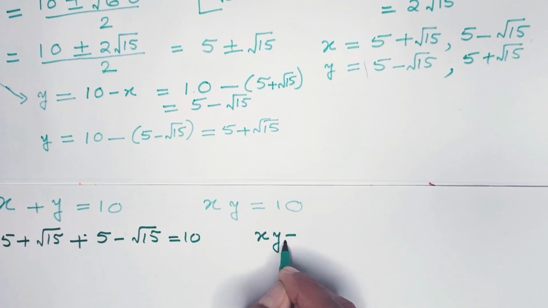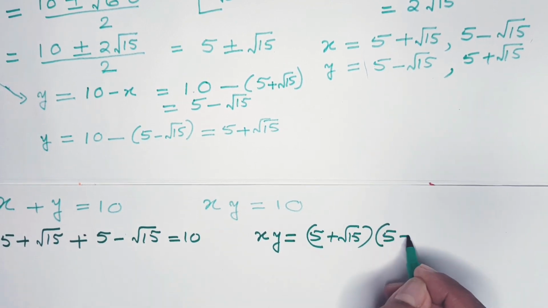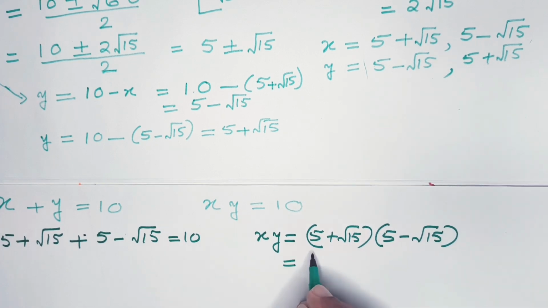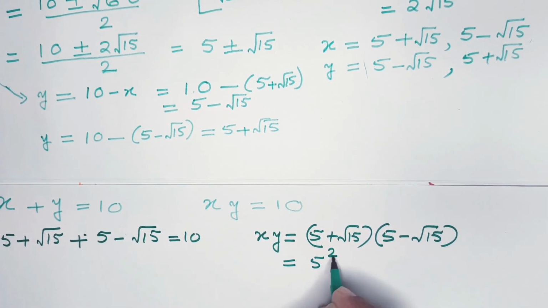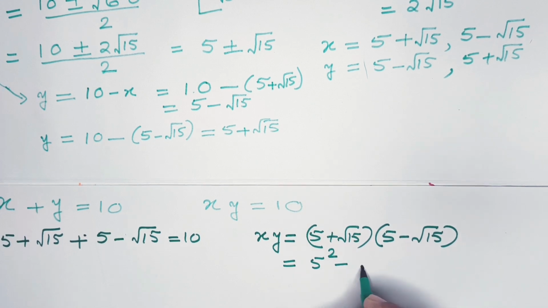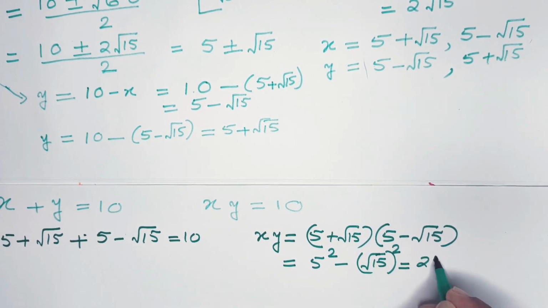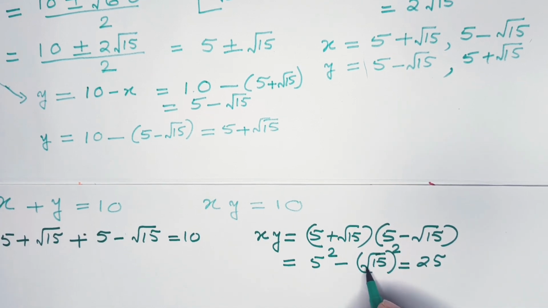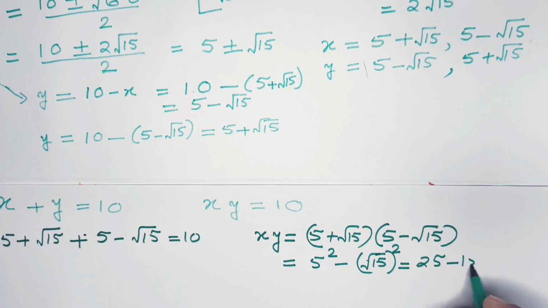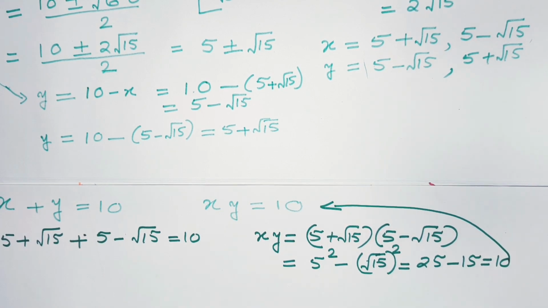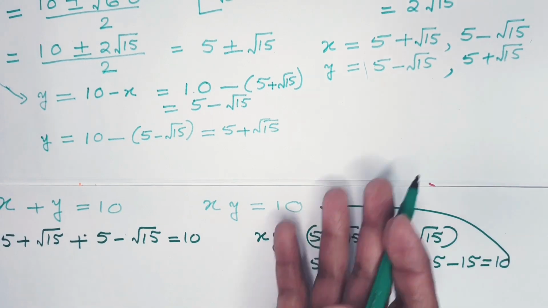So xy equals 5 plus root 15 multiplied by 5 minus root 15. This is in the form a plus b multiplied by a minus b, which is a squared minus b squared, which is 5 squared minus root 15 the whole squared. 5 squared is 25. As you know, squaring and square root are inverse operations, so these two will cancel out and you will get 15. 25 minus 15 is 10. Okay, so the first pair is verified. You can easily verify the second pair. I'm leaving it to you.